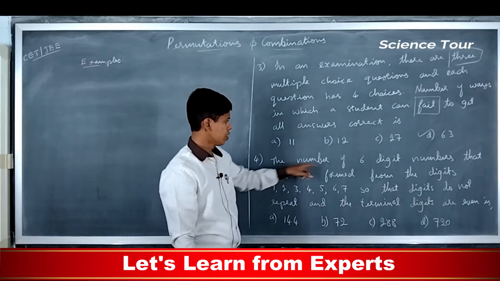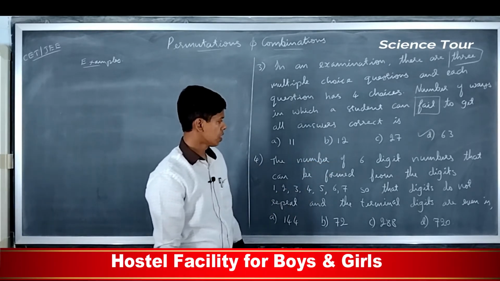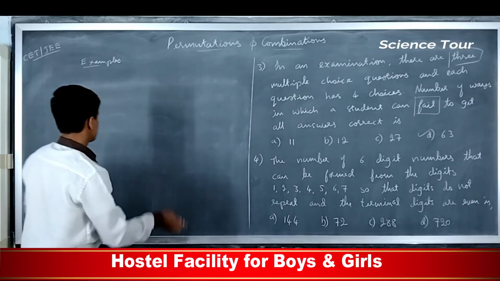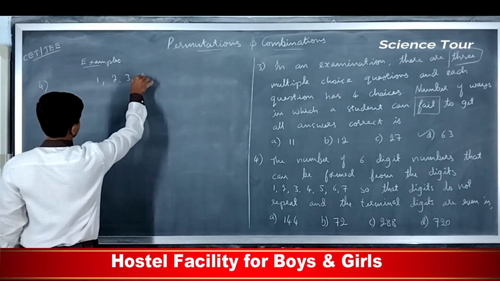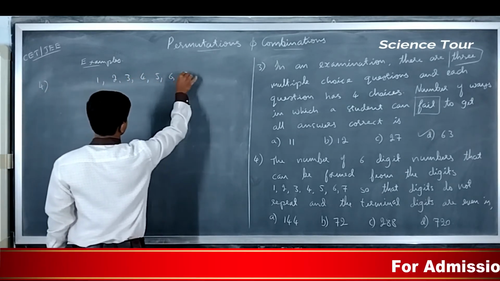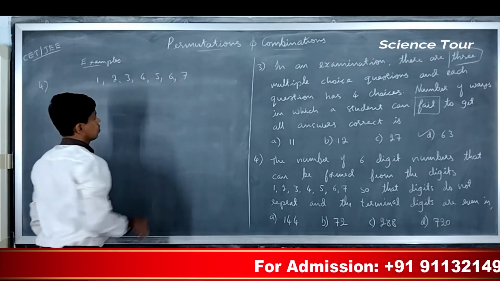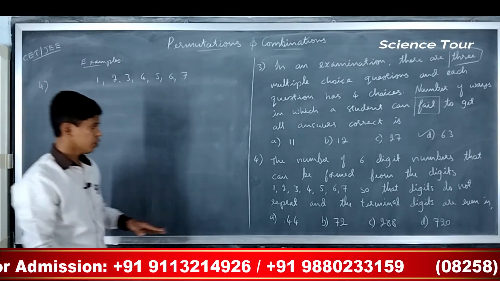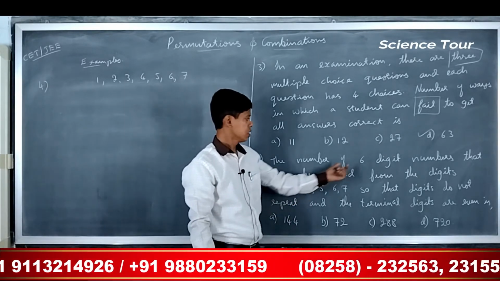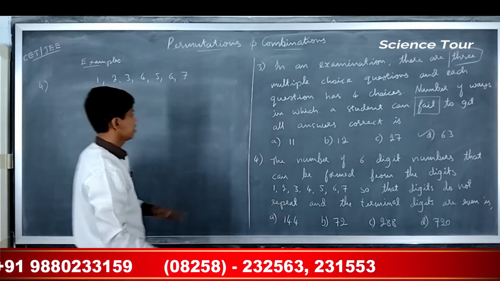Alright, the number of 6 digit numbers. Totally 1, 2, 3, 4, 5, 6 and 7. So totally these many numbers are given to you, and out of that you have to select 6 digits and make a number.